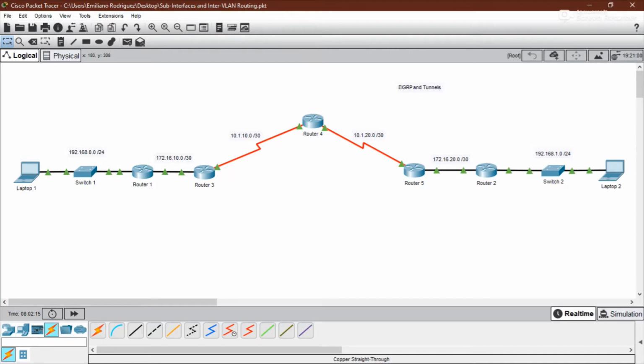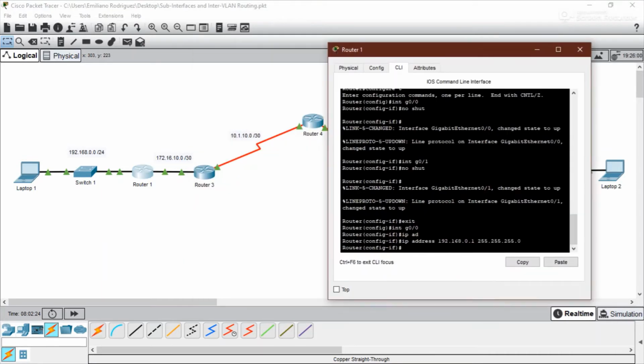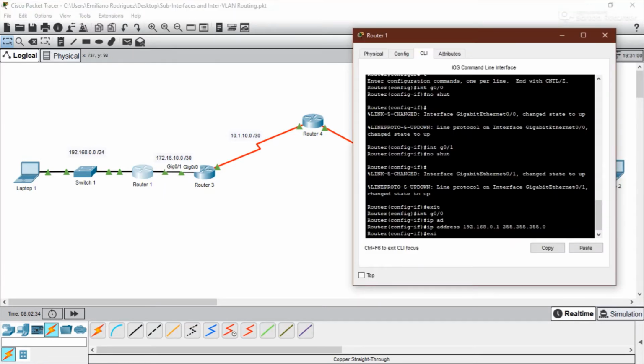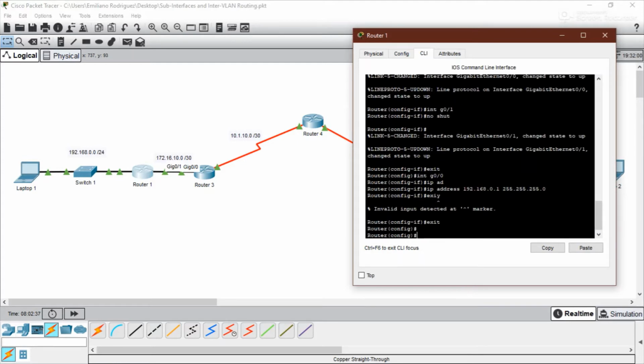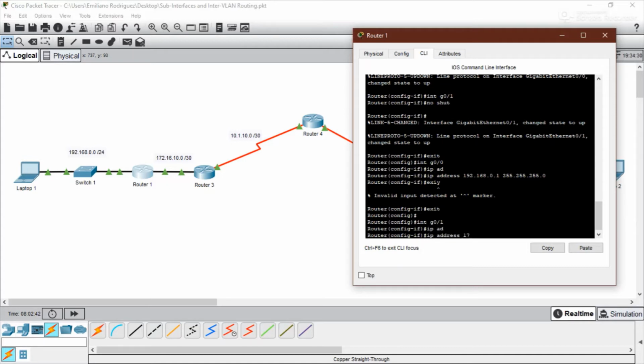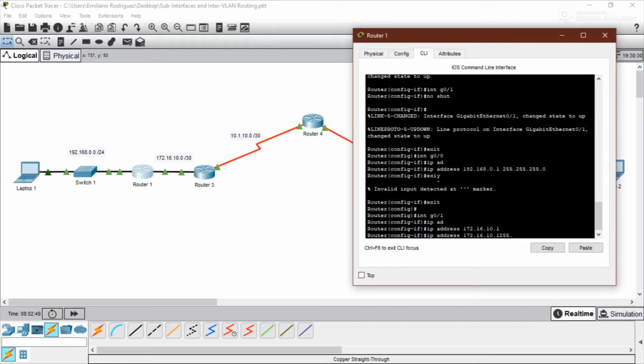Now we will configure the IP addresses between router 1 and router 3, as well as router 5 and router 2. That is gig 0/1 on router 1 and gig 0/0 on router 3. IP address 172.16.10.1/30.